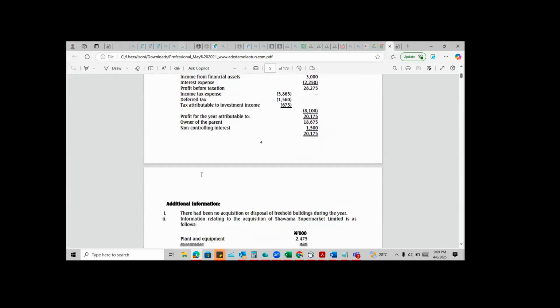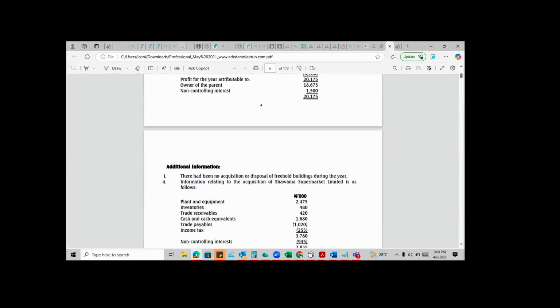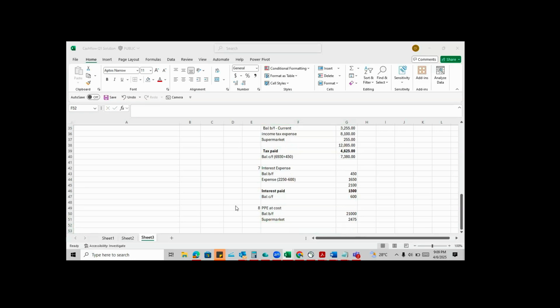Before I forget, yeah, we have supermarkets. I remember when I was pointing out the items, I didn't point at PPE. So we have supermarkets 2475.